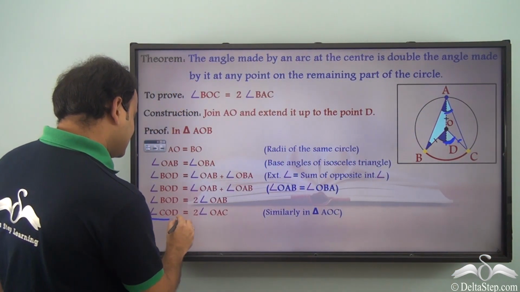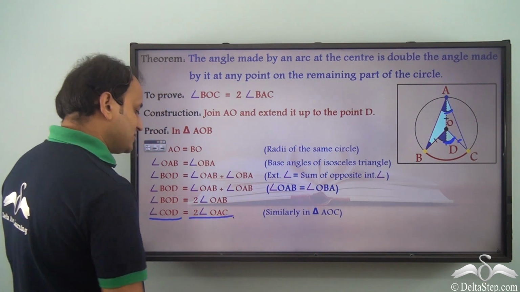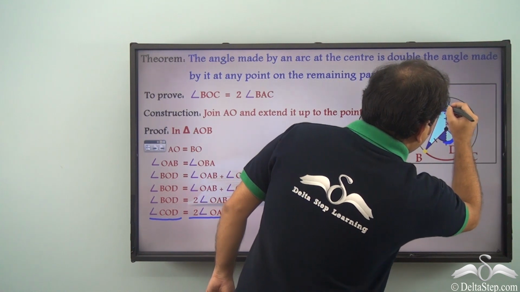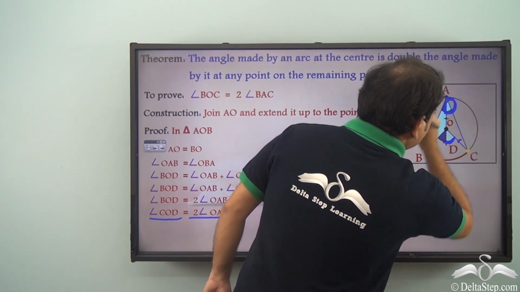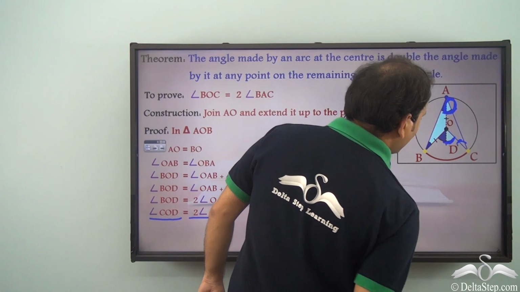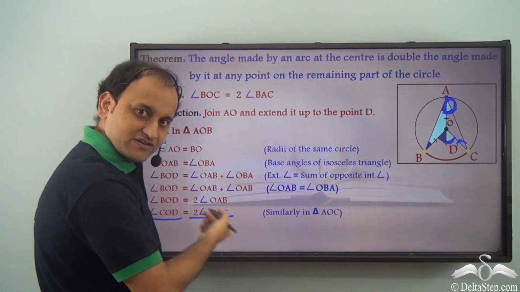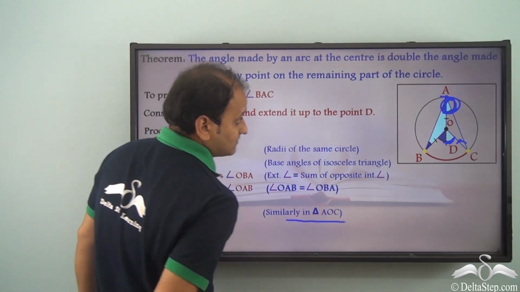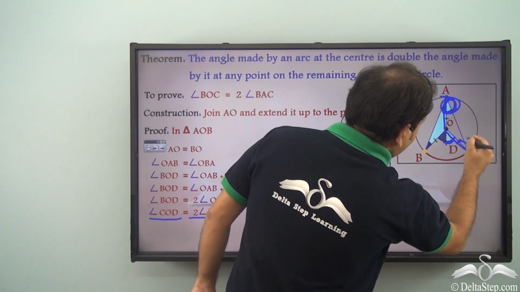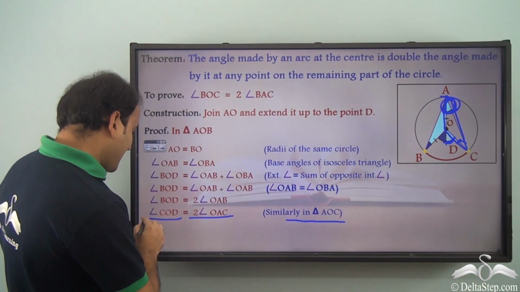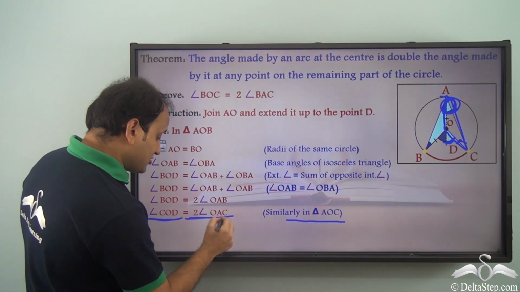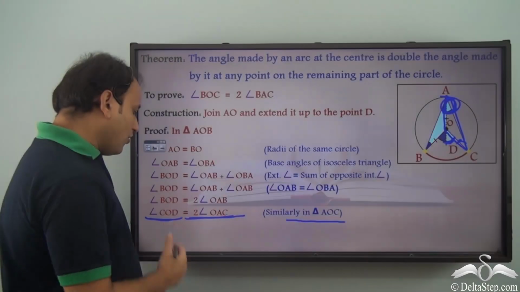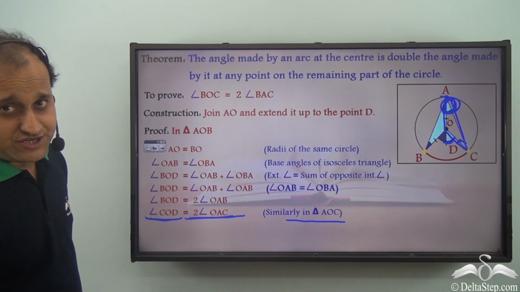So we can say angle COD is equal to 2 into angle OAC, because both these angles will be equal in the similar manner as previously proved. So in triangle AOC, we have angle COD is equal to 2 into angle OAC.